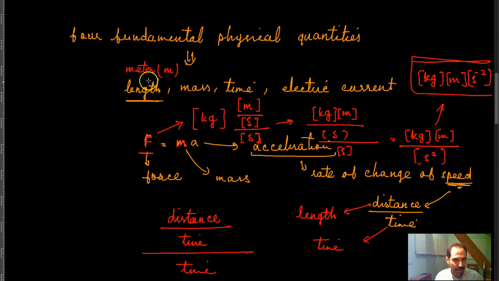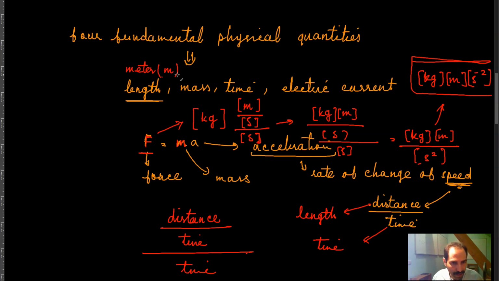Now, in the case of length, the way that we define the physical quantity is how it is measured, or we specify it by saying how it is basically measured.